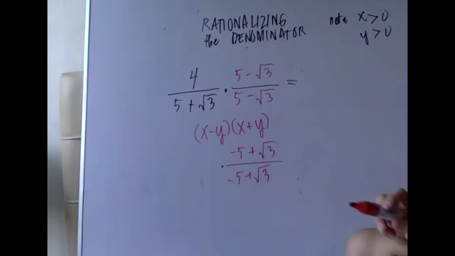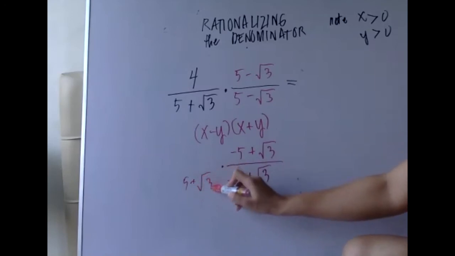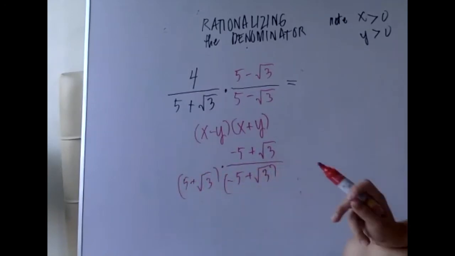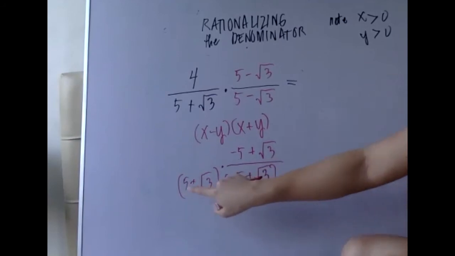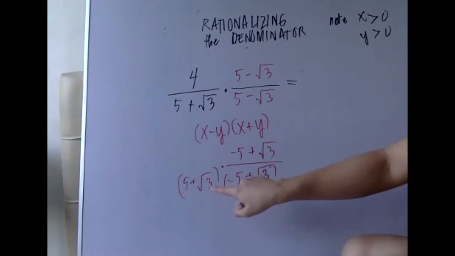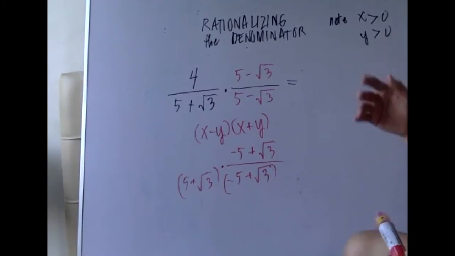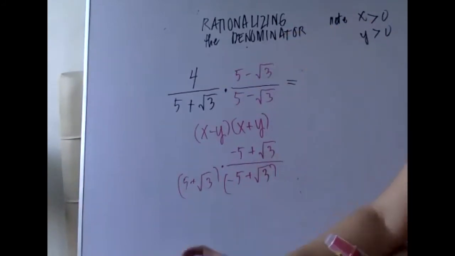Kasi ang idea lang naman is, you have 5 plus square root of 3 times this one, meron kang difference of 2 squares. Kasi opposite yung sign ng square root of 3, pareho yung sign ng 5. Okay? So bakit ito pinapoint out para sa mamayang example? But we're gonna use this kasi mas madali.